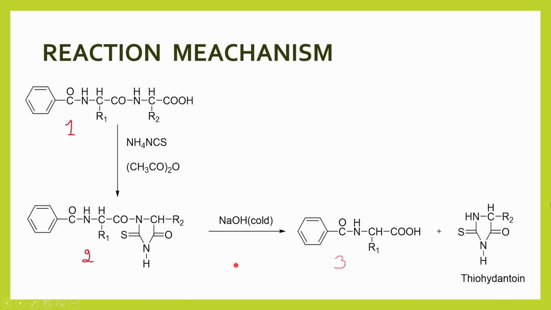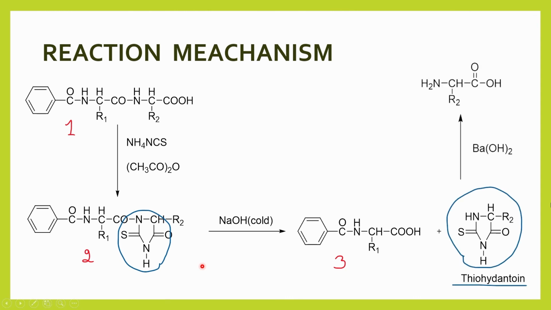Now in the third step, when we react it with cooled alkali like NaOH, this entity would get cut out from the main peptide chain in the form of thiohydantoin. Now, when we react this thiohydantoin with Ba(OH)2, we can retrieve the free C-terminal amino acid in the fourth step.